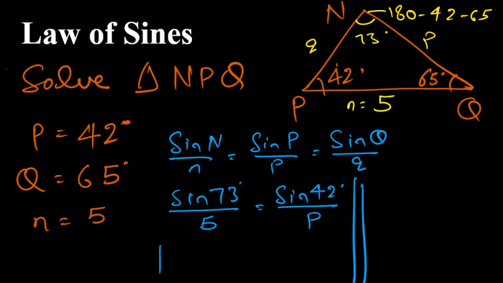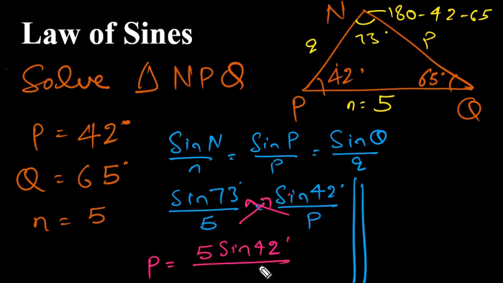It's a small p, so let me write it again. So small p is equal to, cross product, and that will give you 5 sine 42 degrees. This will be multiplied with this, and this will come here divided by sine 73 degrees. Solve this, you will get your answer.